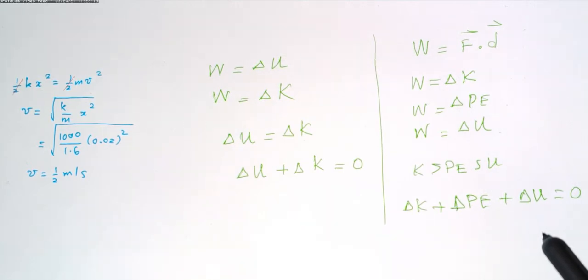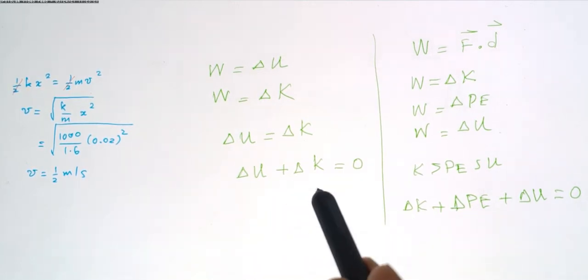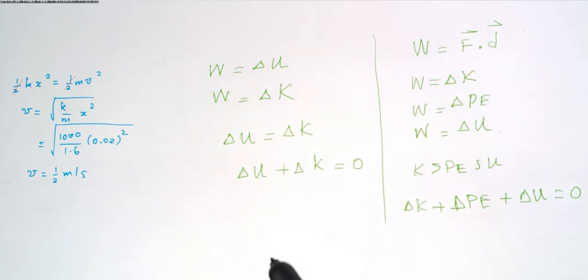It's not only delta U plus delta K equal to 0. When you have conservative forces, that means no gain and no loss to the system, the summation of all. When there is friction, we need to deduct friction, so we put it on the right side of the equation.